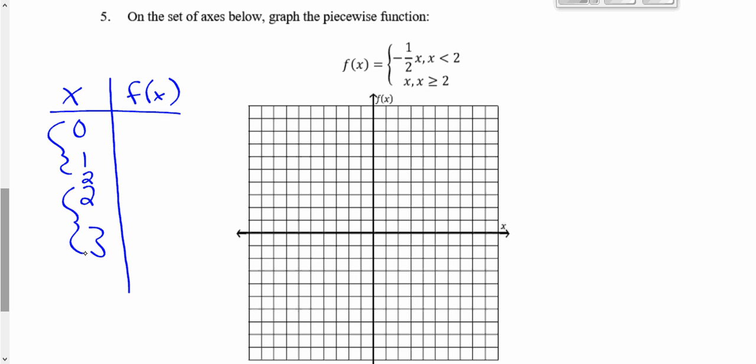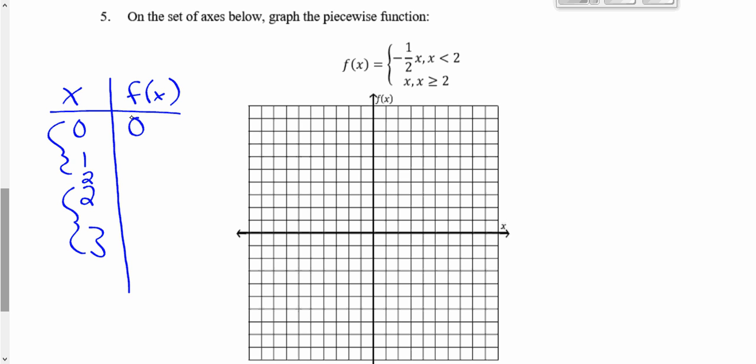Do that right now. What do we get for x of 0? What number? I heard a voice. 0, right? Negative 1/2 of 0 is 0. I have to be able to hear you. How about for an x of 1?